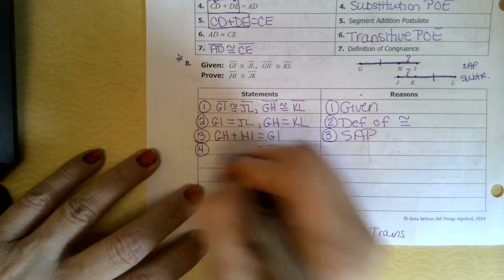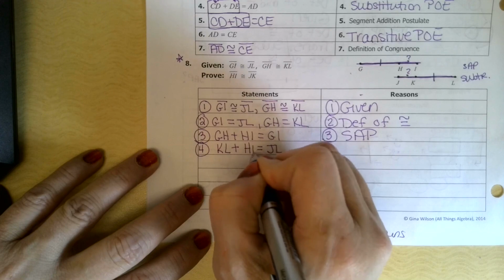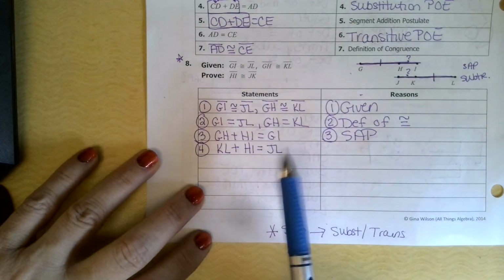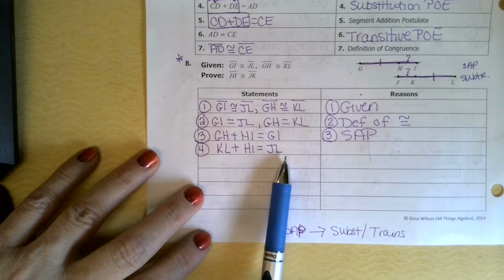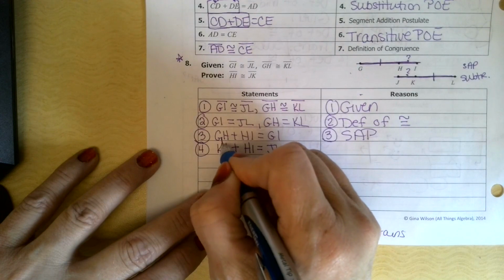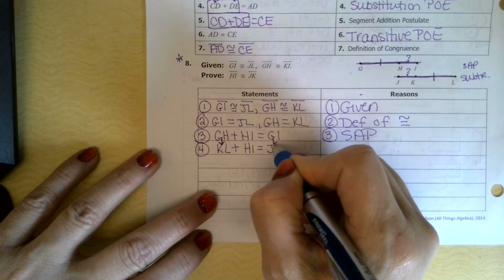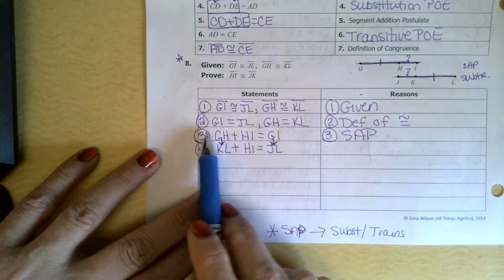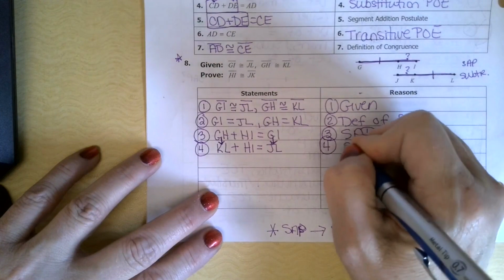Let's number this. Okay, so we have KL plus HI equals JL. We did some substitution, and what I did was I replaced this one, and I replaced this one because of step number 2. That's substitution.